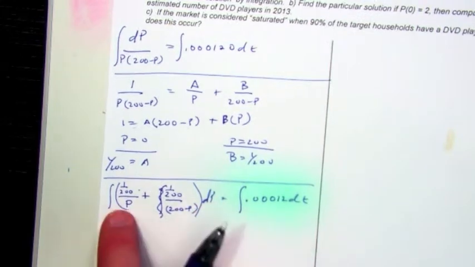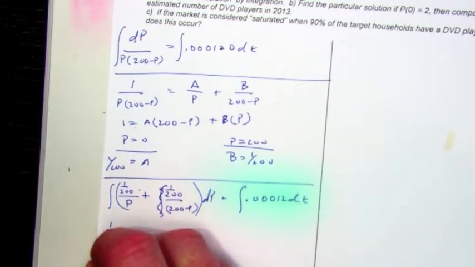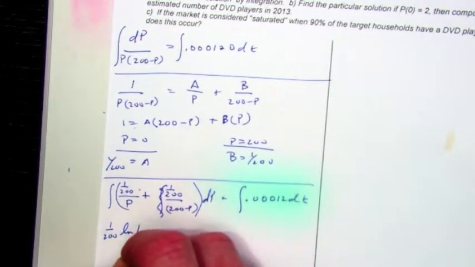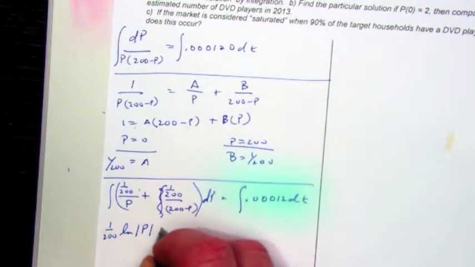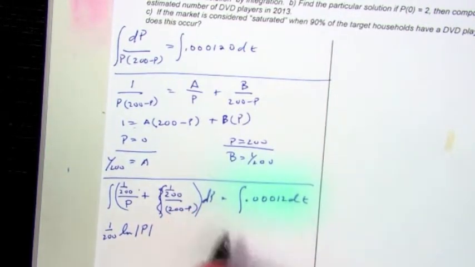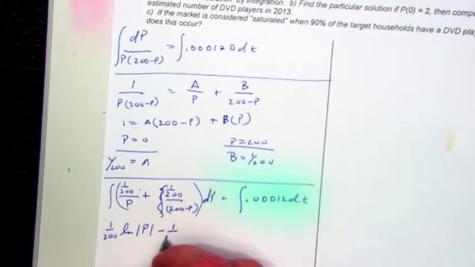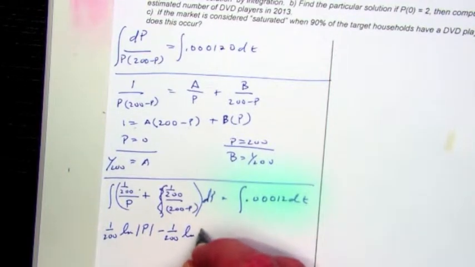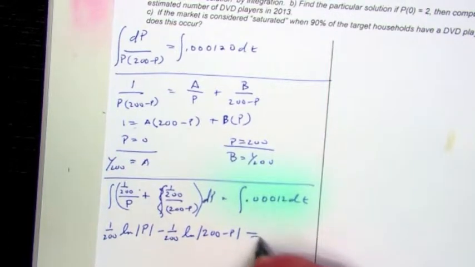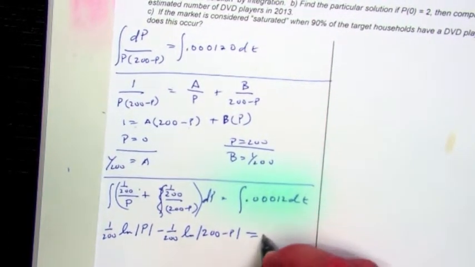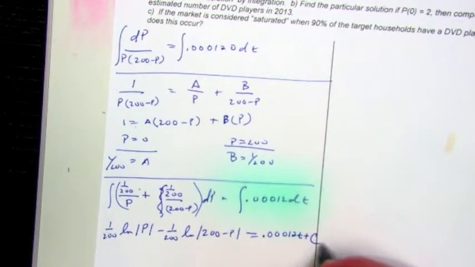Okay, so when I integrate this, this is just 1 over 200 natural log the absolute value of P. And then this one, since P is negative, it's negative 1 over 200 natural log the absolute value of 200 minus P, is equal to, when I integrate that, 0.00012 t plus some constant.